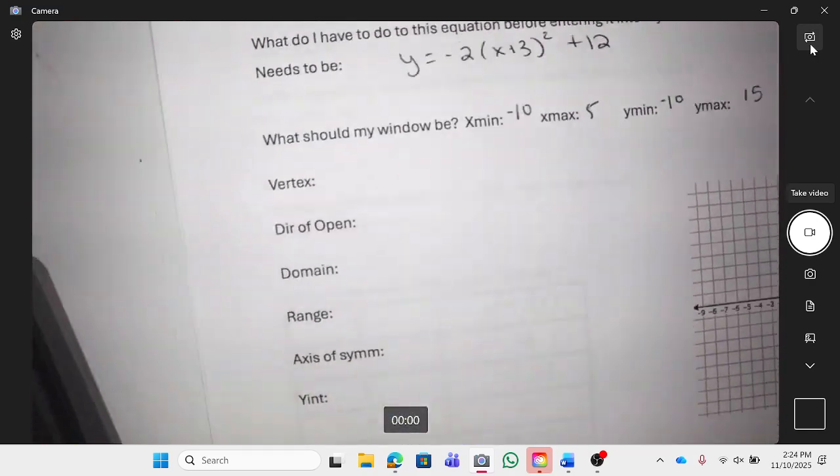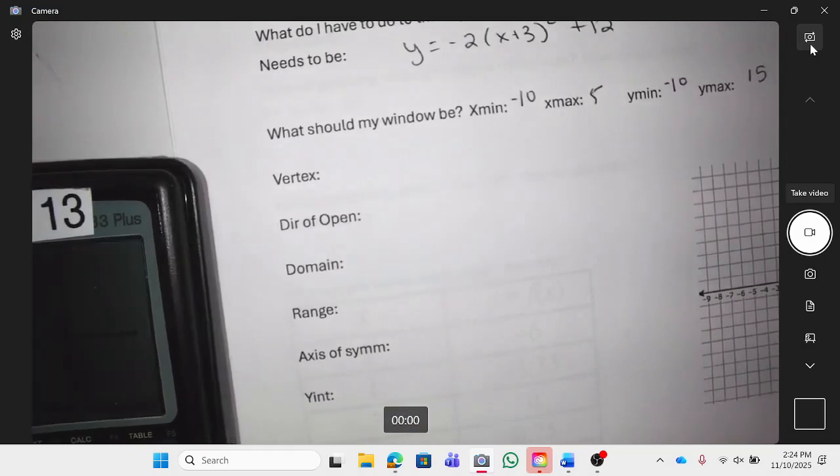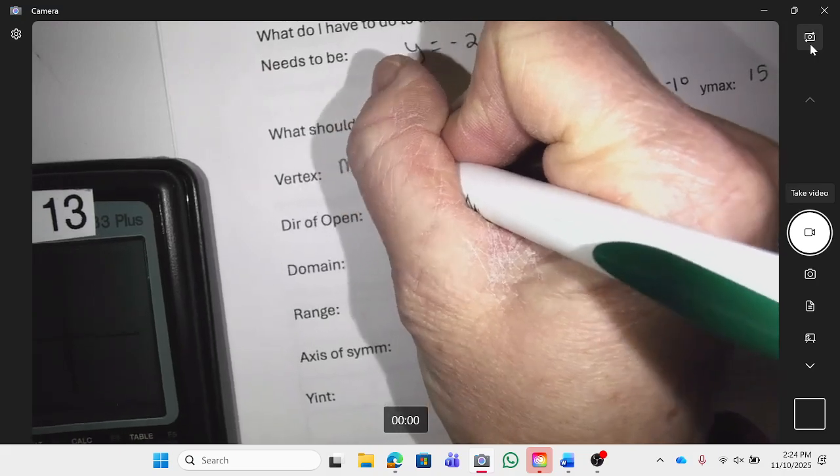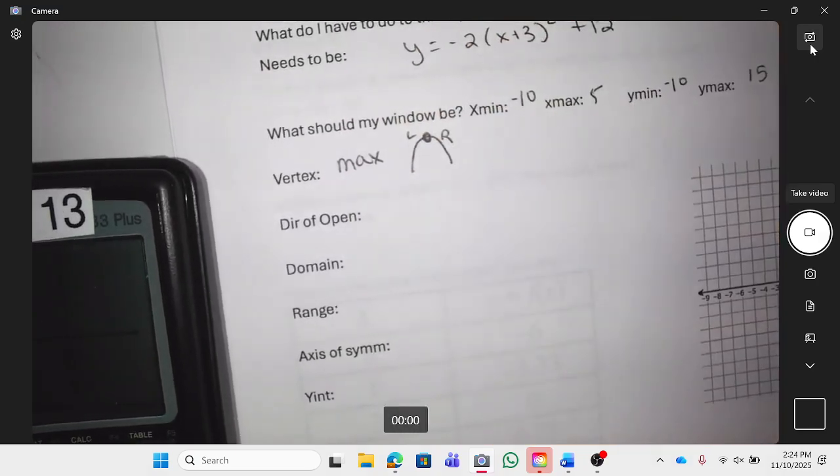Okay, now vertex. So we're going to use our calculator to get that vertex. You're going to be looking for a max, and then we're doing the left-right system. Okay, can you get me a coordinate up there?